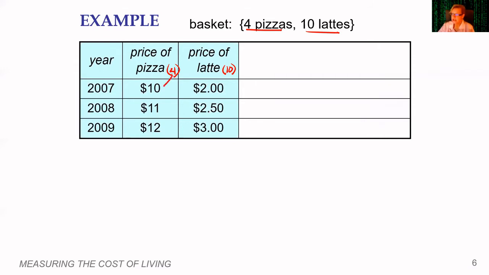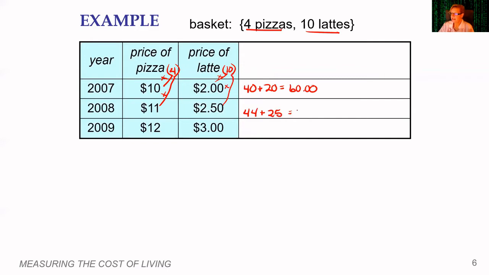So 10 times 4 is going to be 40, plus 2 times 10 is 20. So the basket's cost in year 2007 is $60. I'm going to do the same thing for 2008. 11 times 4 is 44. 2.50 times 10 is 25.